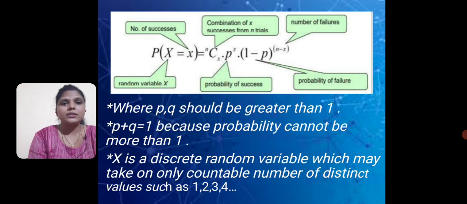X is a discrete random variable which may take on only a countable number of distinct values such as 1, 2, 3, 4 or any finite number.